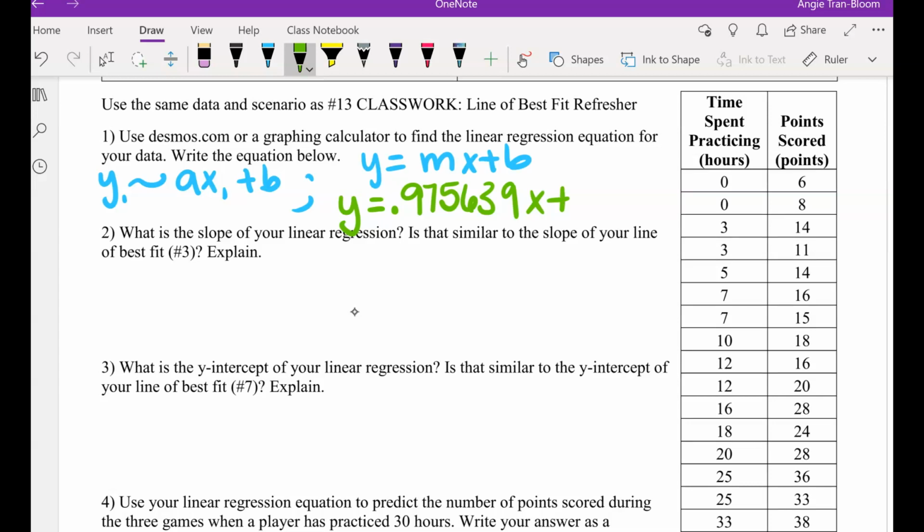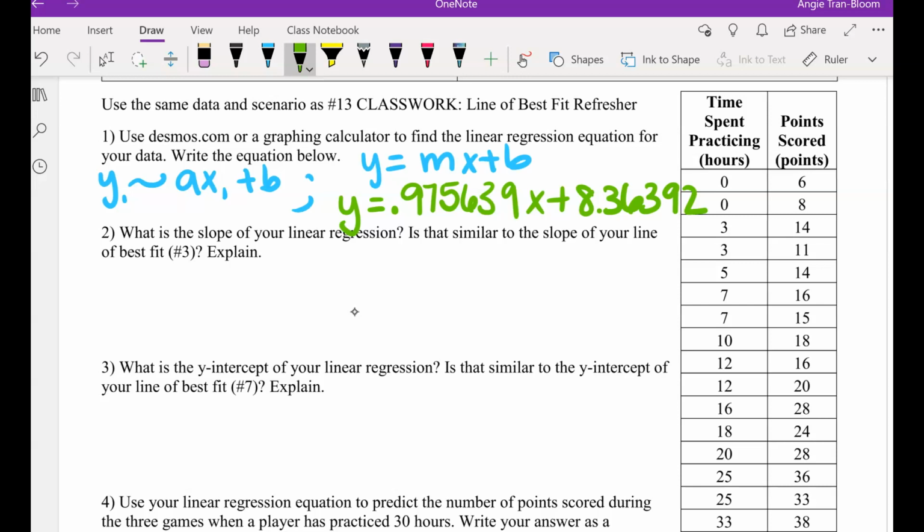What was the y-intercept on Desmos? 8.36092. So is it negative or positive? It's positive. I'm just referring you guys to Desmos because I can't pull up both screens at the same time. So now our line of best fit, everyone has the same exact answer. There's no more variation if we use technology. Now we can answer the rest.